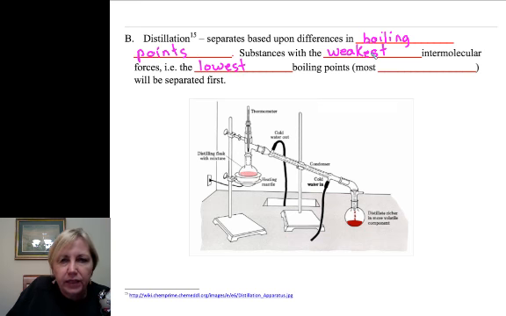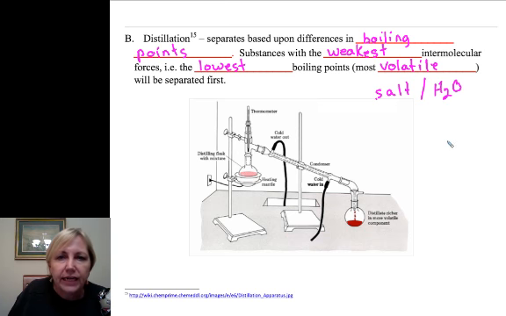If they have a weak intermolecular force, it doesn't take much energy to break that intermolecular force, so they boil at a lower temperature. We would call those the most volatile ones. They will be separated first. The other thing you can do is separate a salt from water. If you just put it in an evaporating dish, you're going to evaporate off the water, but you lose the water. It's gone. So you haven't truly separated. All you've done is pulled out the salt. If you use this type of distillation apparatus, you can recapture the water and the salt.